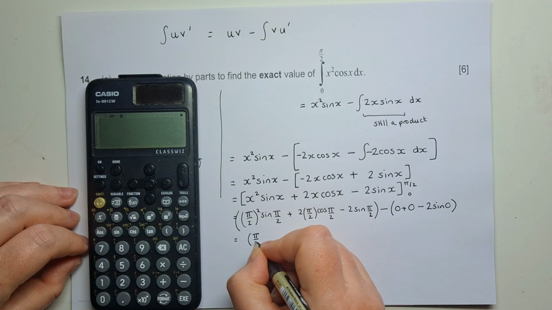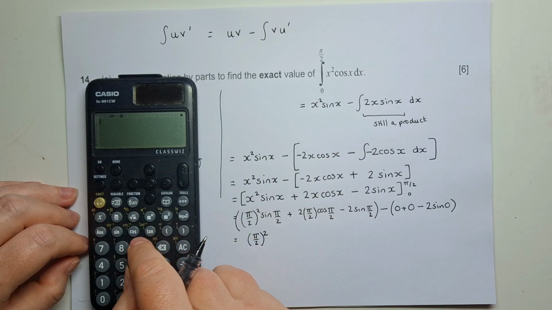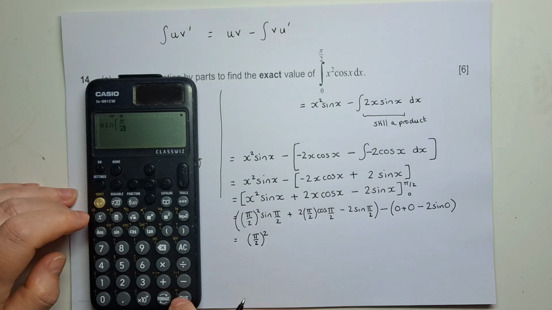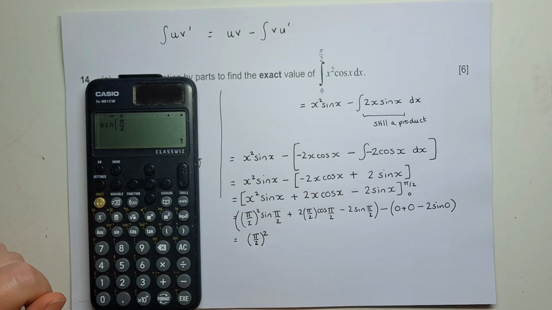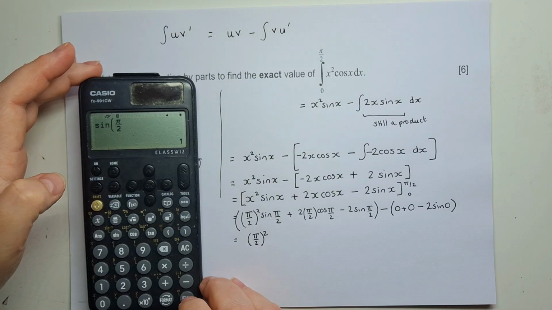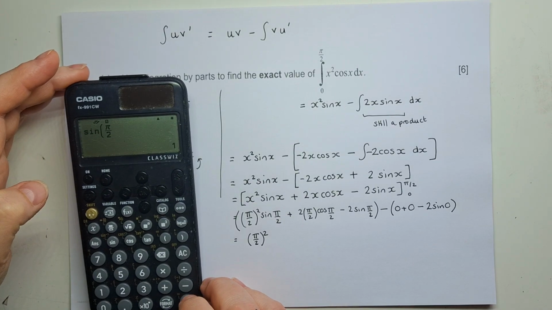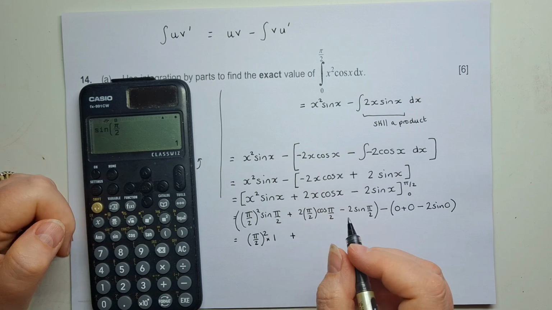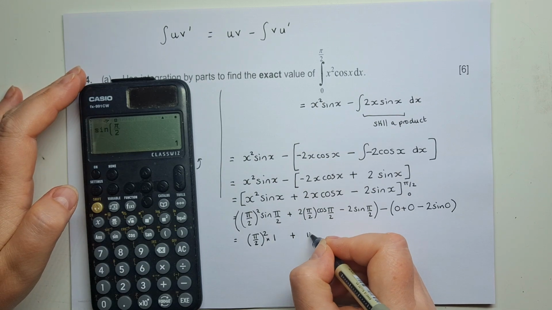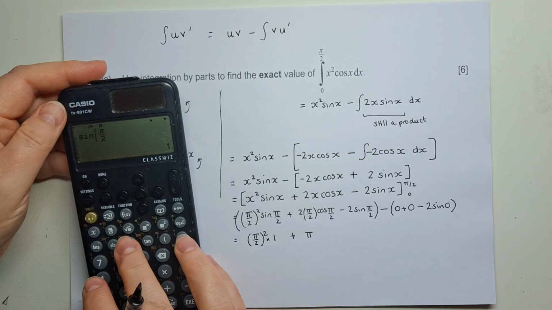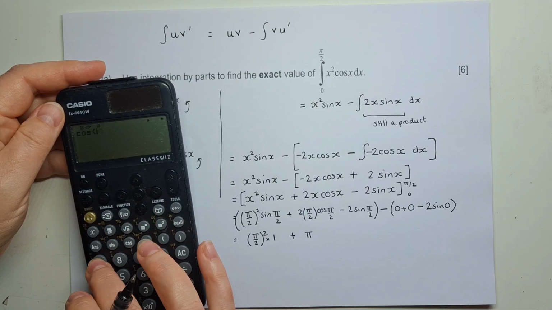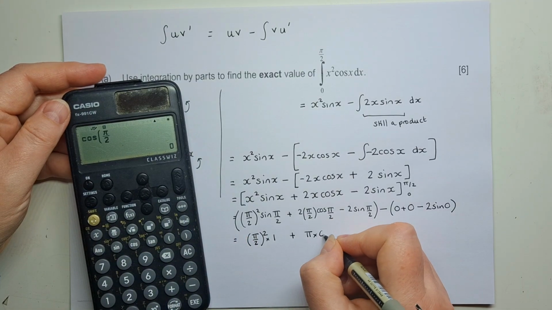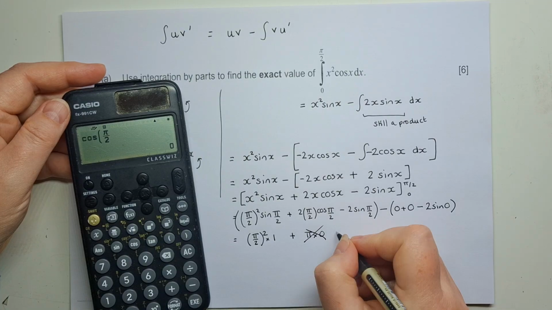So I've got pi over 2 squared and then sine of pi over 2, which I shouldn't need to do on the calculator, but I'm just showing you, is a 1. Okay, so that's just a 1. I've then got 2 times pi by 2, which gives me a pi. Cos of pi by 2, oh, well, that's a 0. So that term disappears.